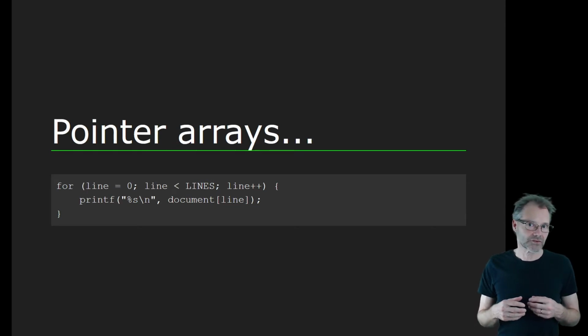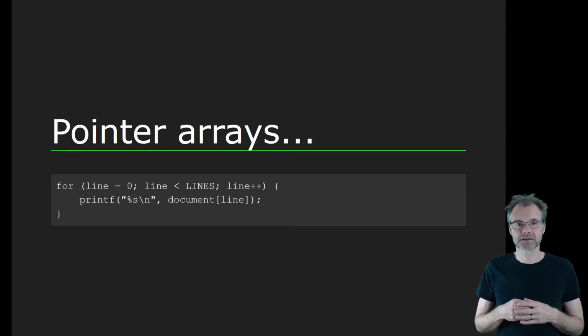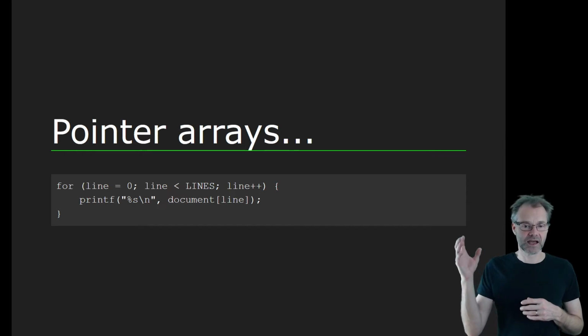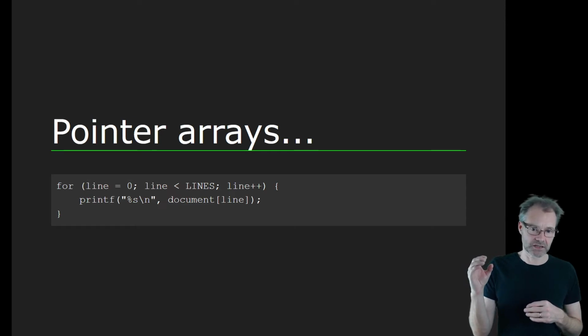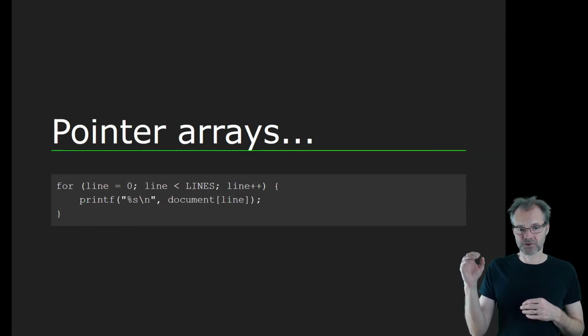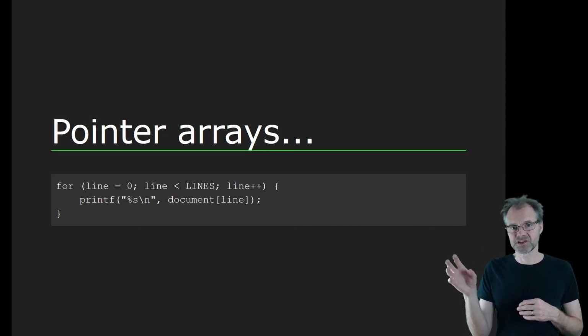If I would like to loop through this char pointer array, or array of strings, I can do it like this. I'm going line by line until the last line here, and I'm just going to print out each string, from document 0, document 1, document 2, so each element in the document array there.